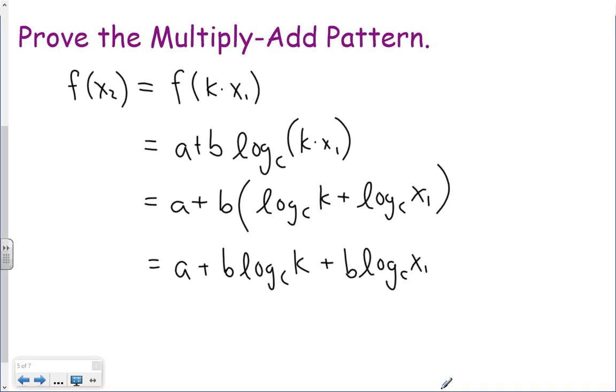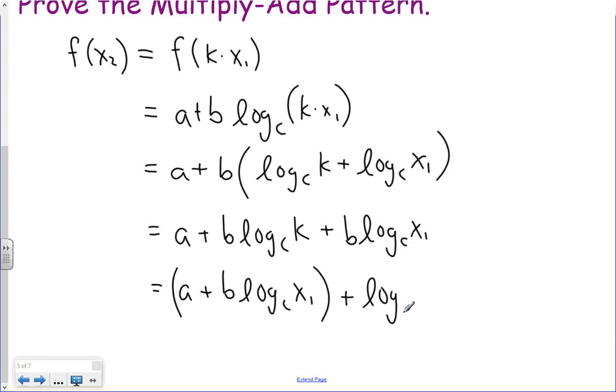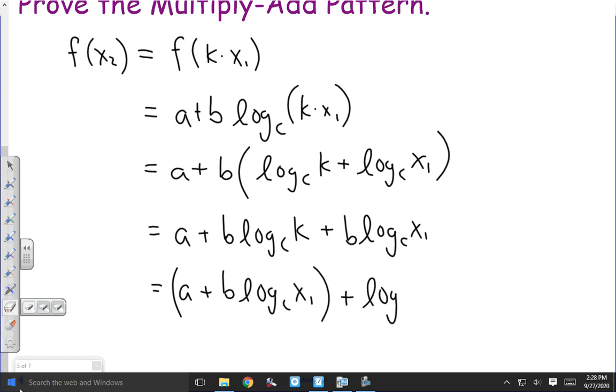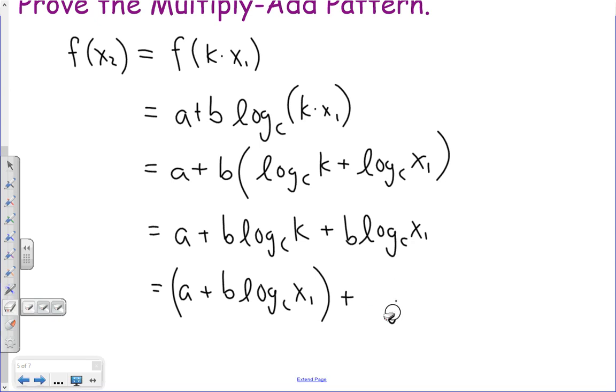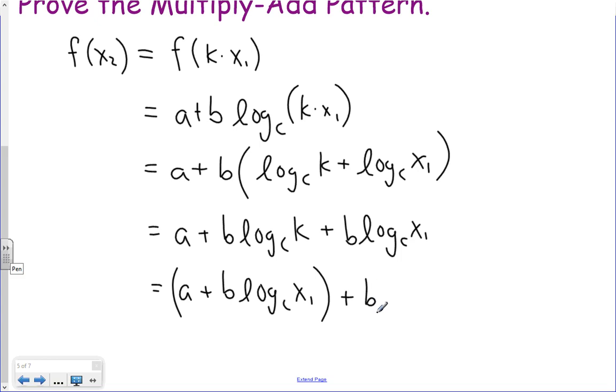I'm going to take the first term and the last term. So I'm going to write it as a plus b log base c of x sub 1. We'll put that in parentheses. And we'll add on the log base c. Oops, I missed the b part out in front. Let me try that again. There's a b times this log. b times the log base c of k.